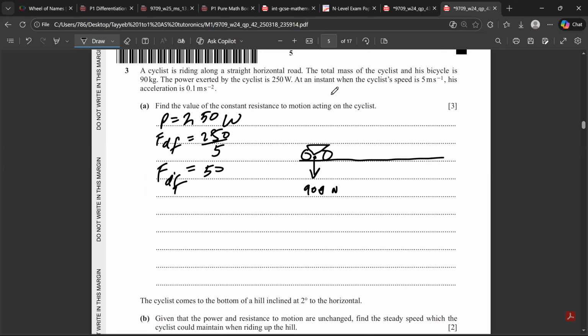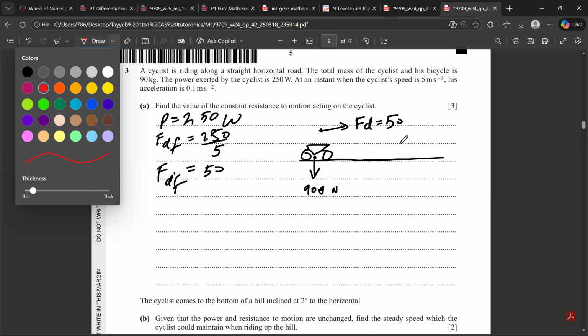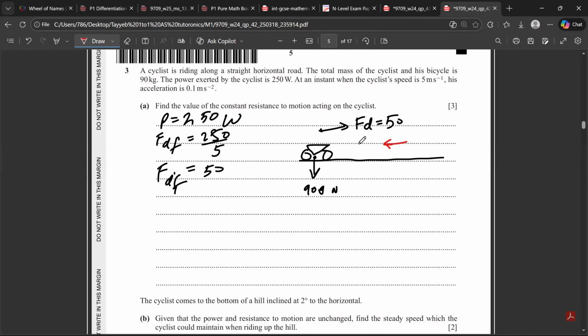Then find the value of the constant resistance. So forward force, now we know FD is equal to 50, and we don't know the backward force. The resistance is the unknown force, F resistance.